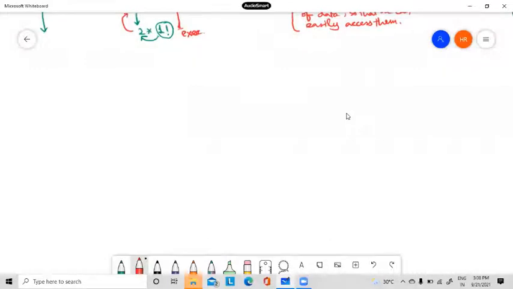Since we are going to implement both data structures and algorithms in C language, this is one prerequisite for this particular class. You should have an idea about C language, and you have already done C language in your previous semester.